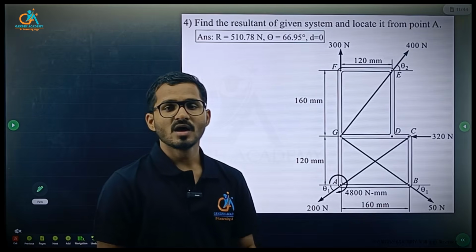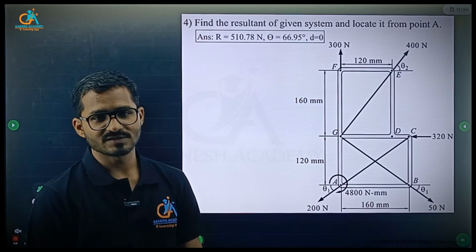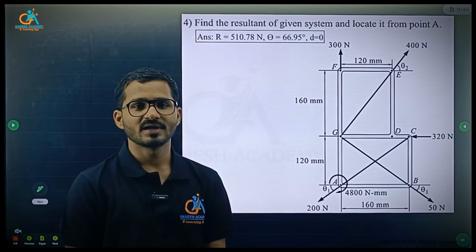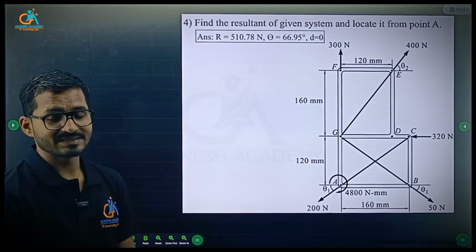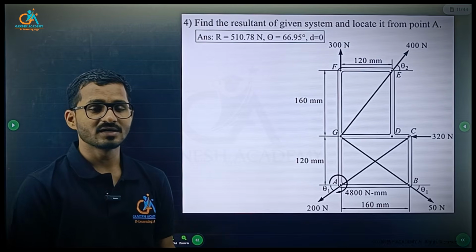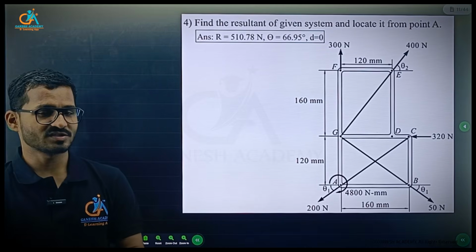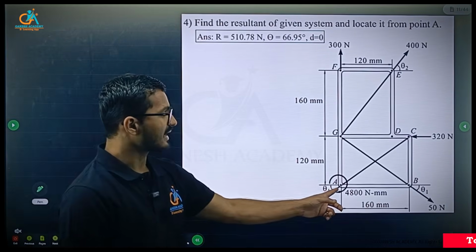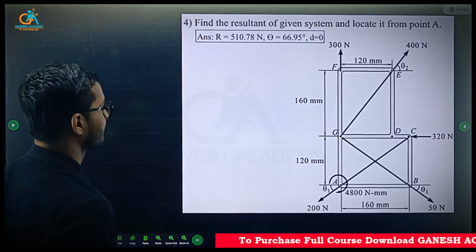So first we need to find the angles of inclination, and then we can resolve the forces into vertical and horizontal components. In the same way, we'll consider the conditions to find the magnitude and the direction, as well as the location with respect to the given point A, right?